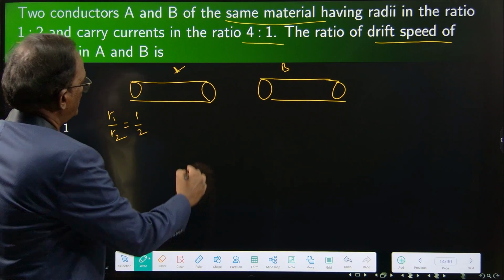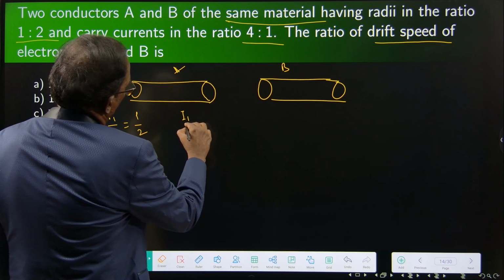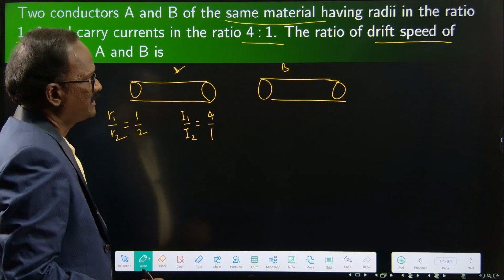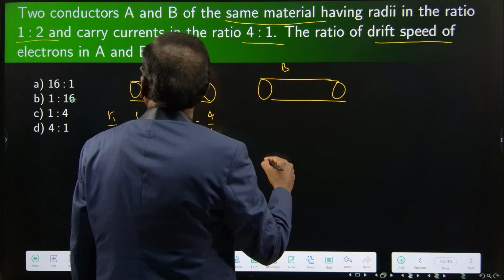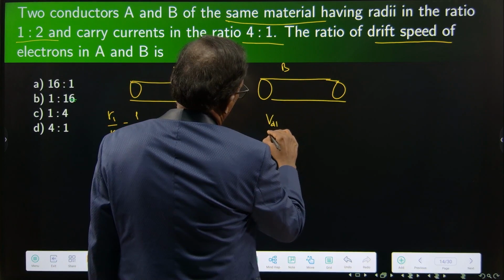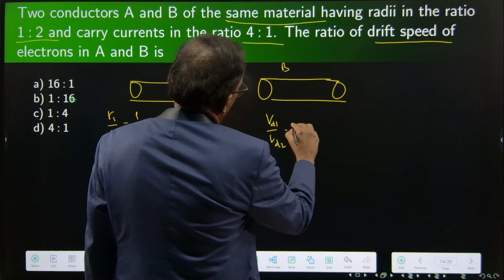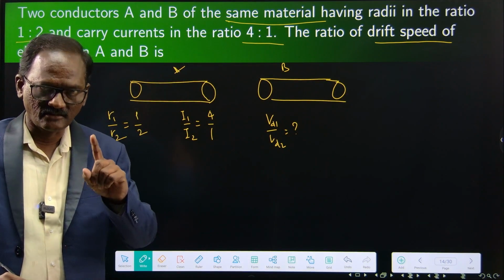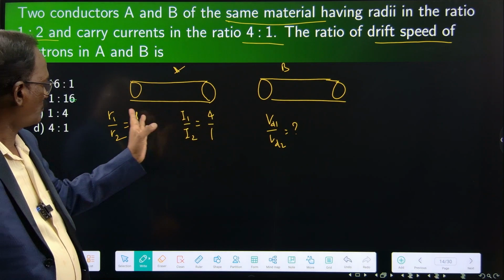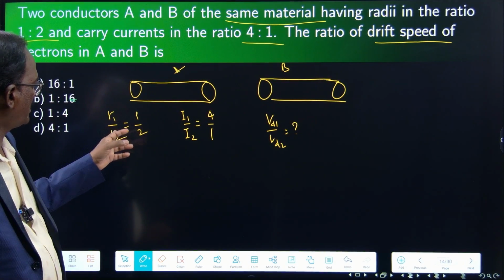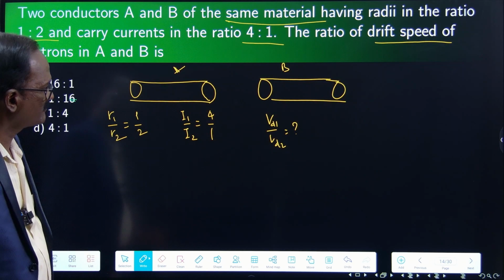Carry currents in the ratio I1 by I2, 4:1. The ratio of drift speed of electrons in A and B, Vd1 by Vd2, is asked. Instead of A and B, I have used suffixes 1 and 2, right? R1 means radius of A, R2 radius of B, right?